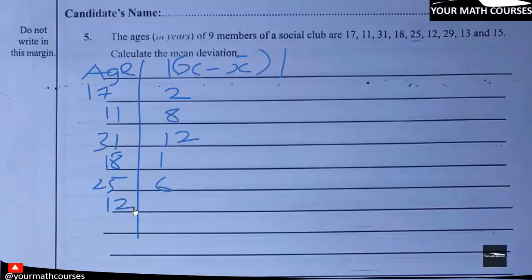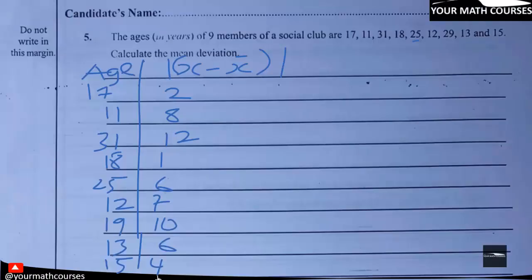Then we have 29. 19 minus 29 will give us negative 10. Absolute value of negative 10 is 10. Then we have 13. 19 minus 13 will give us 6. Then we have 15. 19 minus 15 is 4.